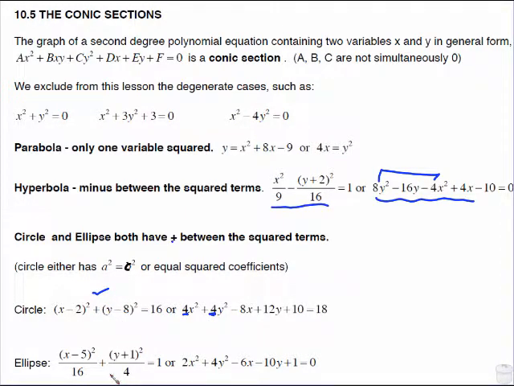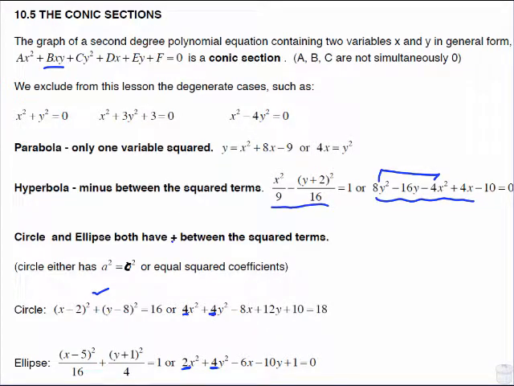The ellipse in standard form has the plus in between, but it has these numbers in the denominator. In the general form, we don't have that, but we have these two coefficients in front of the squared terms, and they are different. Now notice up here in the general form is this Bxy. None of these have the Bxy to deal with yet. We'll look at that in a little bit.